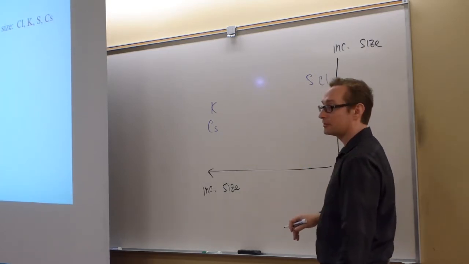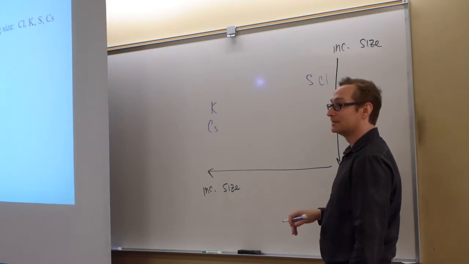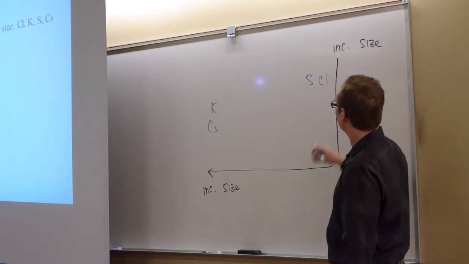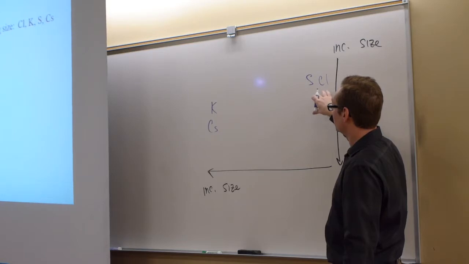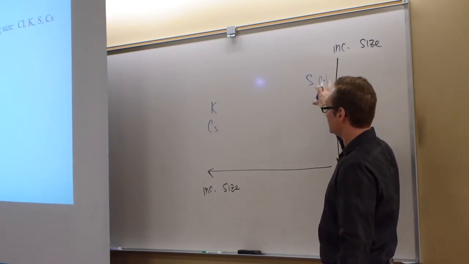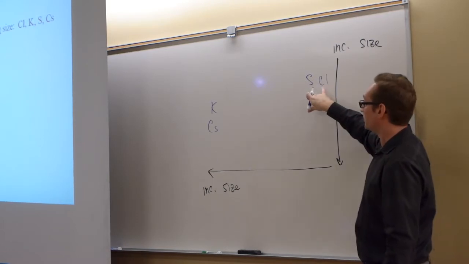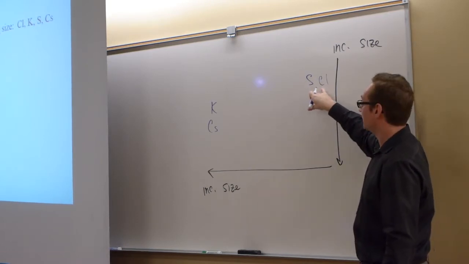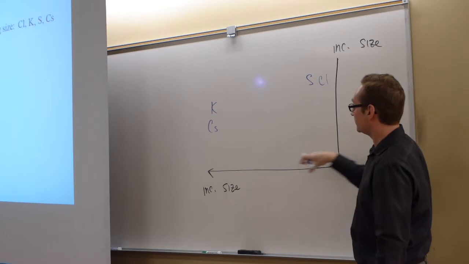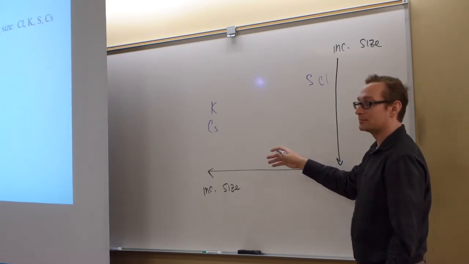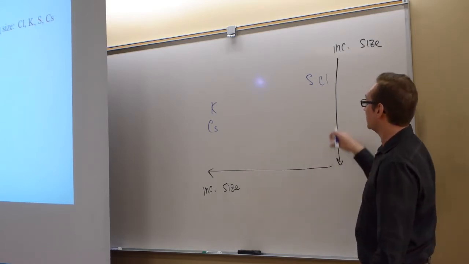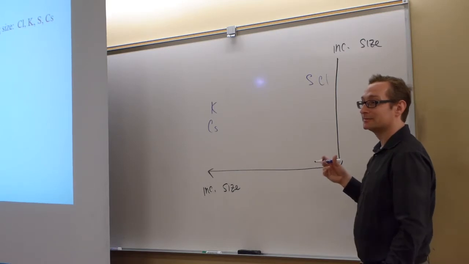So what's the appropriate order then in order of increasing size? Yeah, so of these elements, which one is the smallest radius? Is chlorine smaller than sulfur? Yes, because as you go down to the left, it gets bigger. Well, let's say in reverse. As you go to the right and up a column, the atoms get smaller, right?